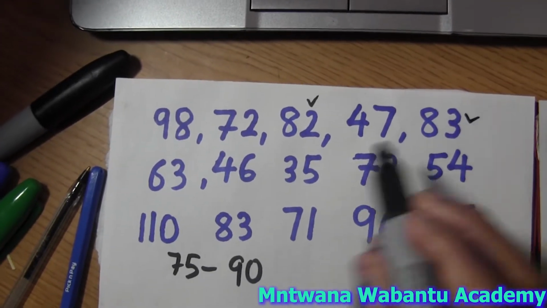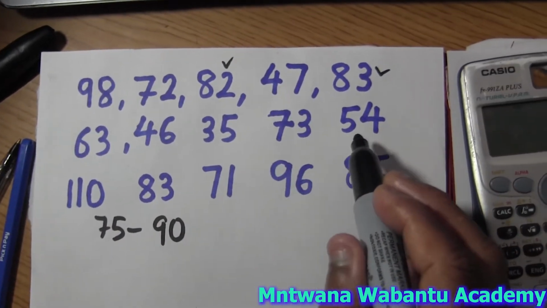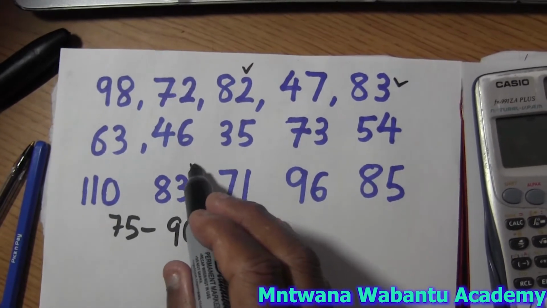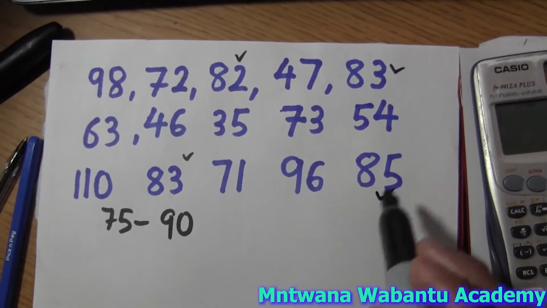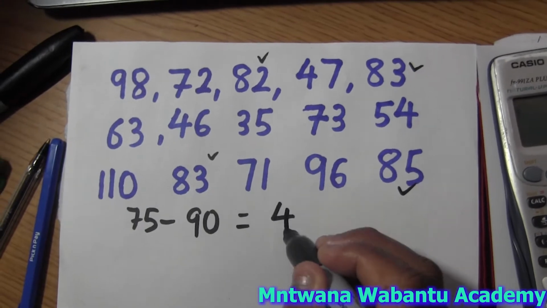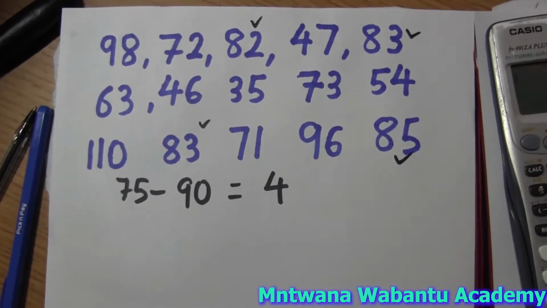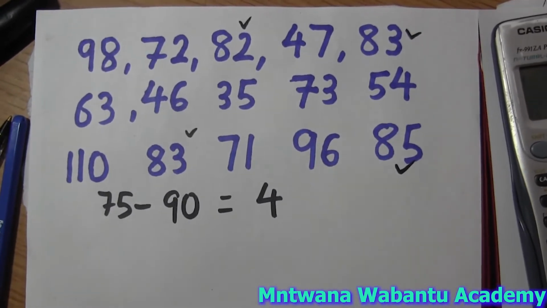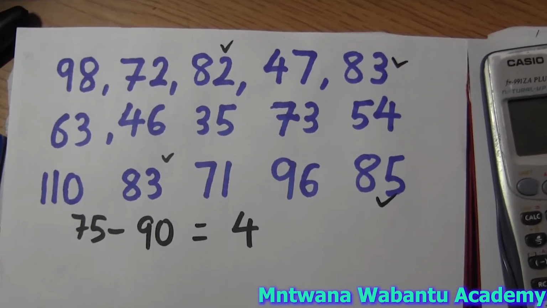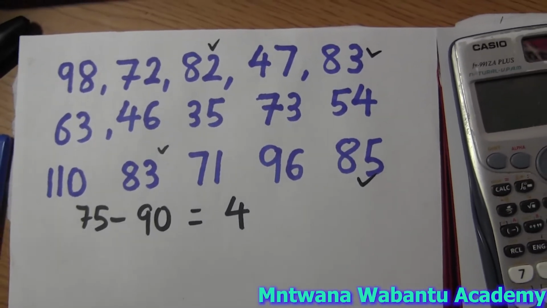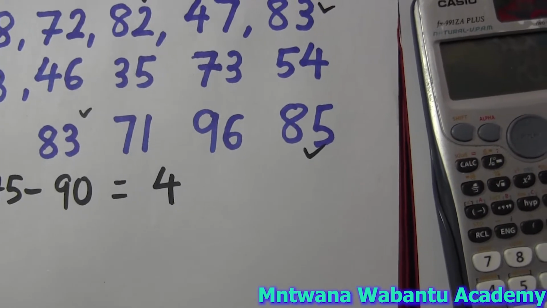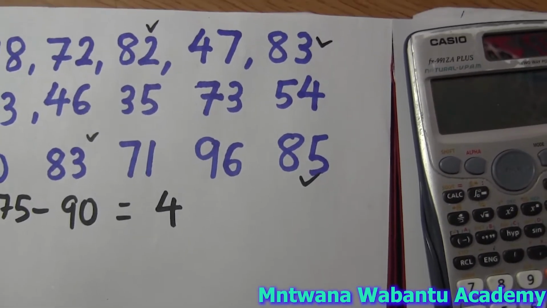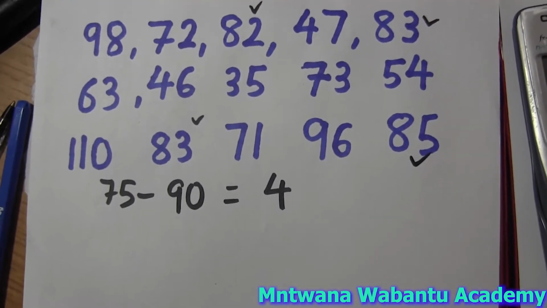No, yes. Nope. Yes. So 4 of them. So we got 4. If you go to the options, it's going to be option number 4. So we're going to have only 4 meals that belong to the interval 75 to 90.